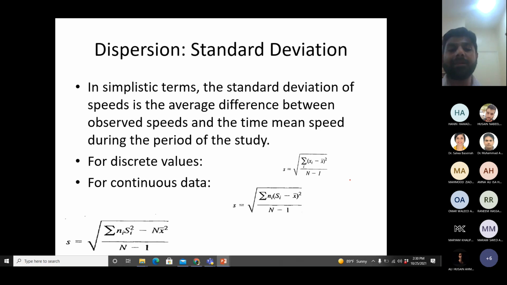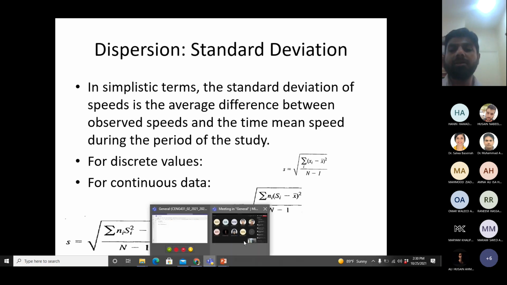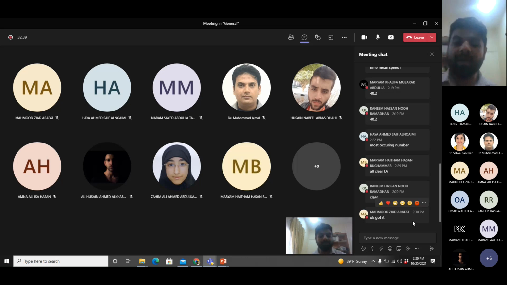So who can remind me the definition of standard deviation? What is standard deviation? What do you remember? How do we define standard deviation?